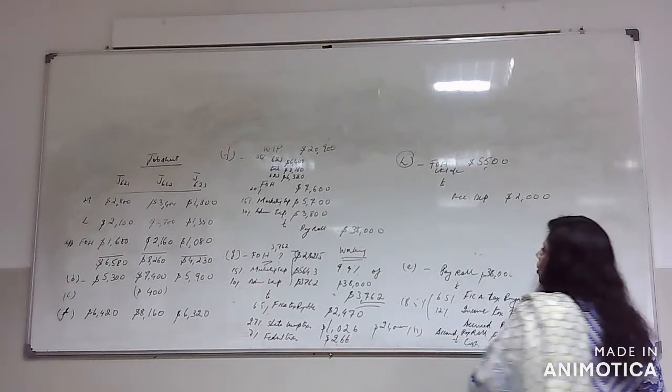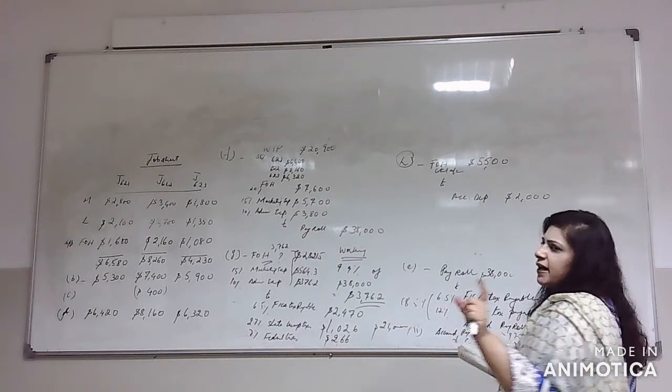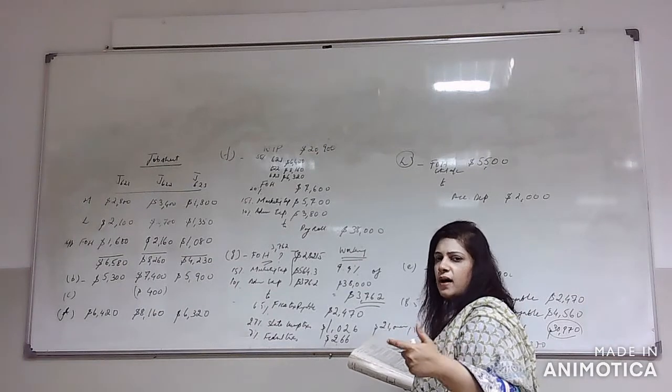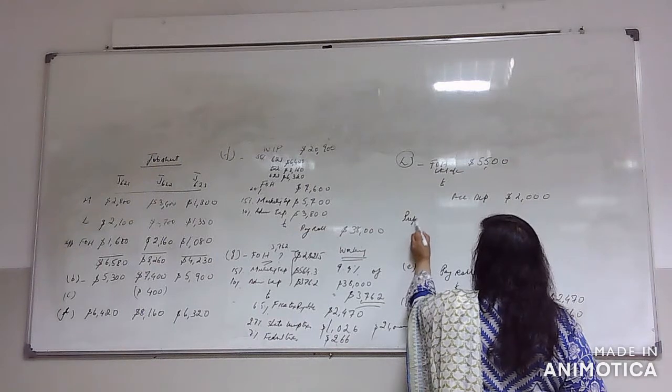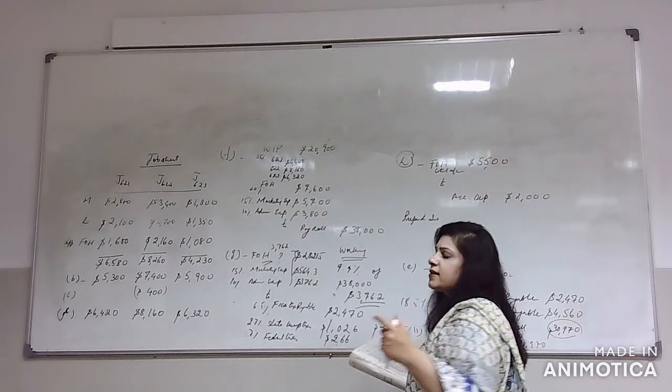Okay, so now when insurance is expired, the prepaid insurance, what was the original entry? When you pay insurance in advance, it is your asset. So the entry at that time is prepaid insurance. Remember that prepaid insurance is your asset.